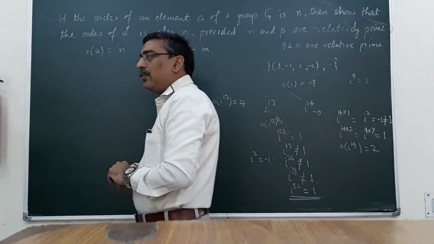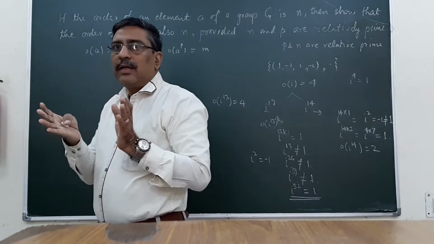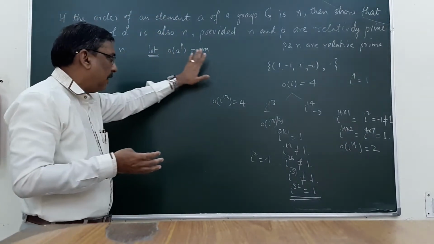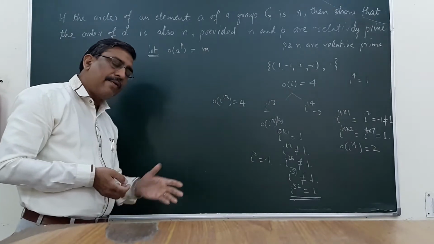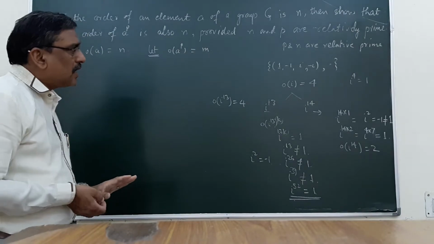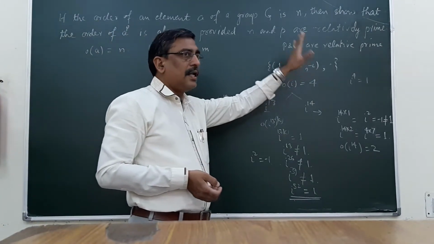We need to prove that the order of a^p is also n, not m. Means we have to prove that n and m are equal in case when p and n are relatively prime.